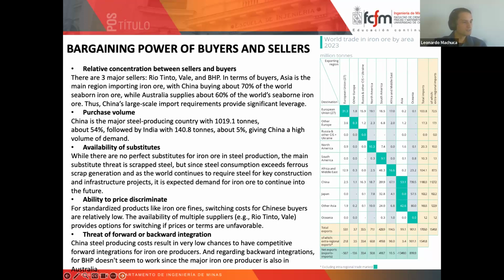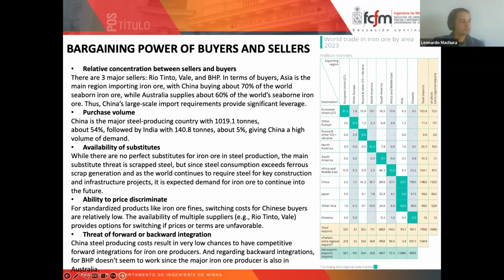On the availability of substitutes, Matthias said two slides ago, there are no perfect substitutes for iron ore in steel production yet. The main substitute may be the scrap steel, but since steel consumption exceeds the ferrous scrap generation, and as the world continues to require steel for key construction and infrastructure projects, it is expected demand for iron ore to continue in the future.